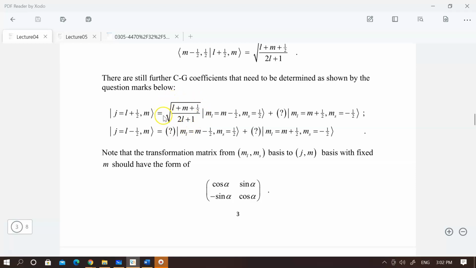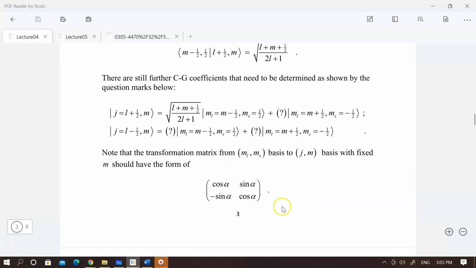The other three we obtain by identifying that the Clebsch-Gordan coefficients have to be matrix elements of a unitary matrix. And the unitary matrix, by the convention we have adopted, is going to be real. So in other words, a real unitary matrix is an orthogonal matrix.